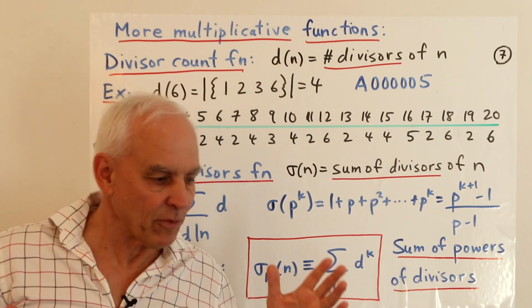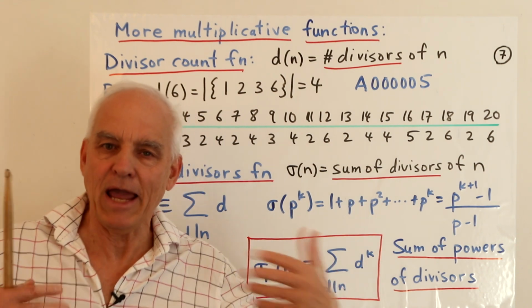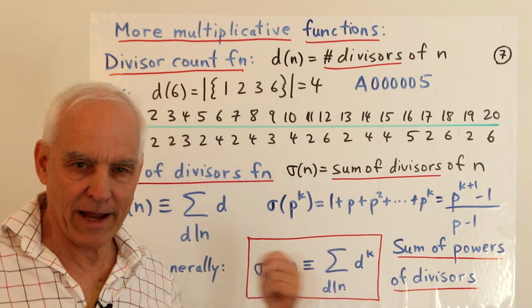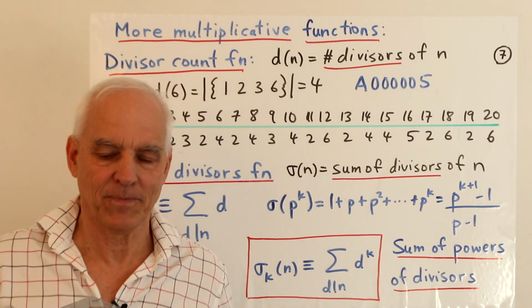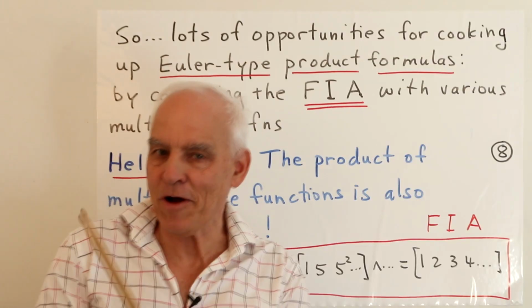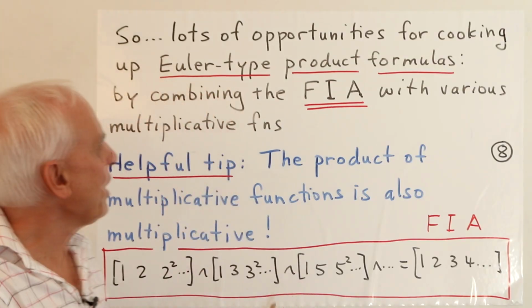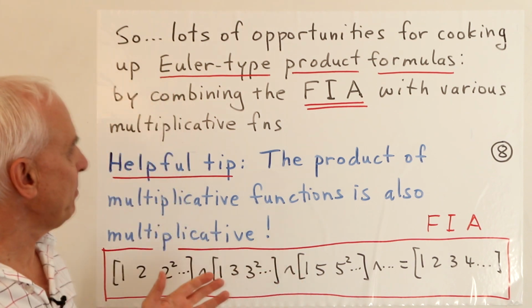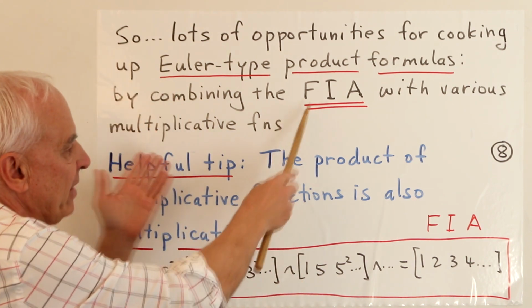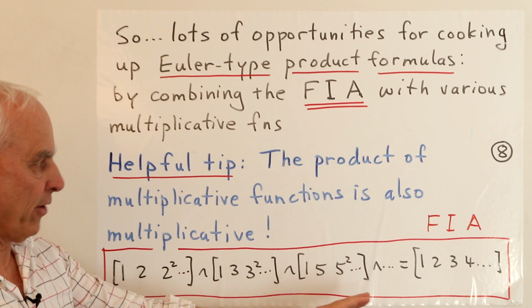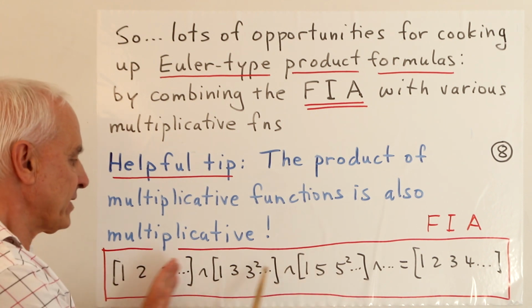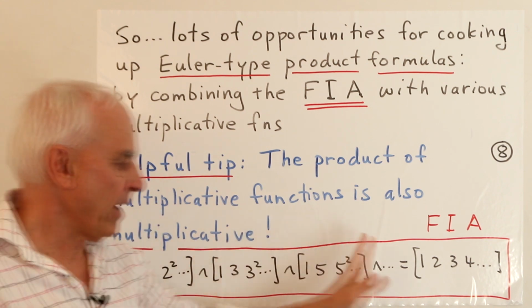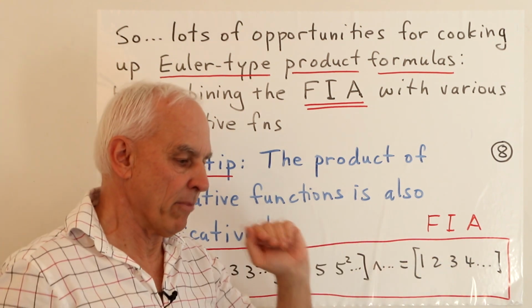So in principle, we can play the same game that we've just played with the totient function for any one of them. So in summary, there are lots of opportunities for cooking up Euler-type product formulas, with the general idea being that we start with the fundamental identity of arithmetic, namely this thing here, consisting of boxes, one associated to each prime number on the left and the box of all natural numbers on the right.